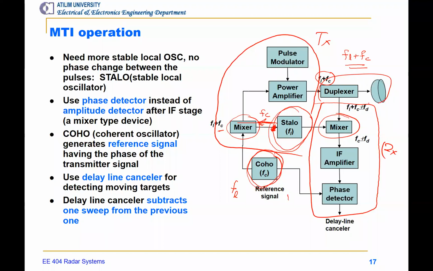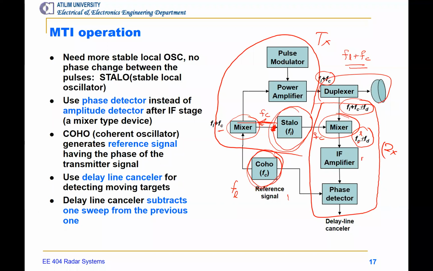Next, we get the echo signal. There we expect some Doppler shift. So the echo signal will be FL plus FC plus or minus FD. And that's mixed by FC. So we simply remove FC. Then this should be FL plus or minus FD, which is a very low frequency signal. Typically, it's filtered.